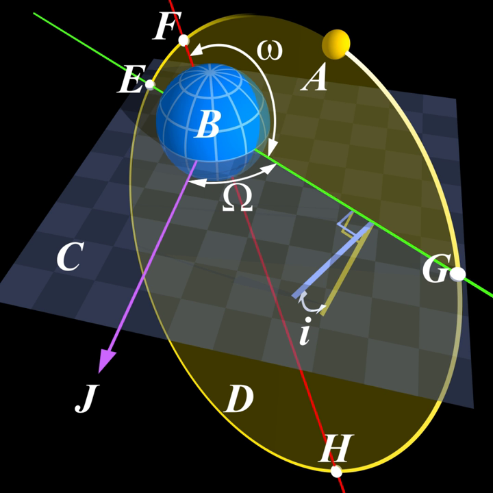Compute the heliocentric distance r equals a(1 minus epsilon cos E).